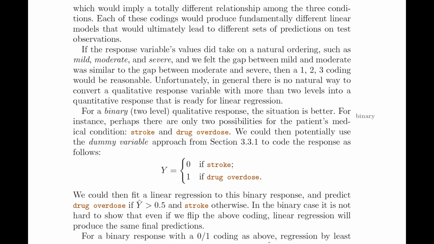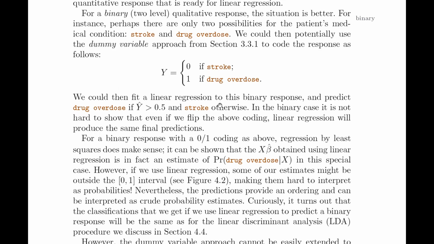I think this was our last session where we were doing this book, from section 3.3.1, to code the response as follows. Y is equal to 0 if stroke, Y is equal to 1 if drug overdose, and then we could fit a linear regression to this binary response and predict drug overdose if our predicted Y is greater than 0.5, and stroke otherwise.